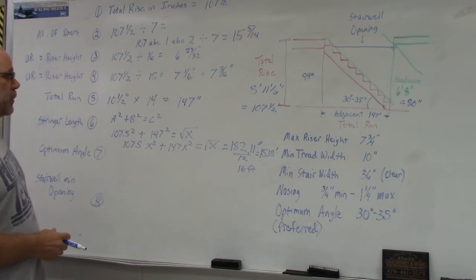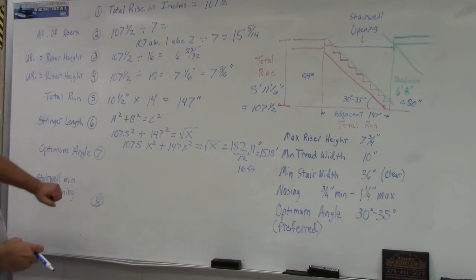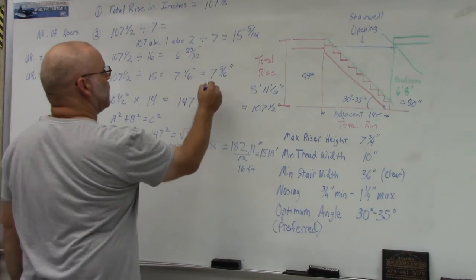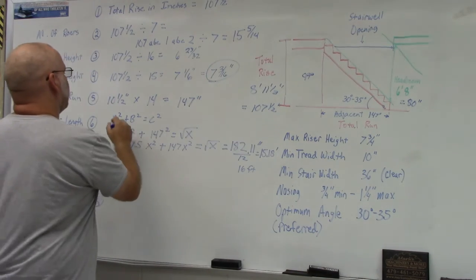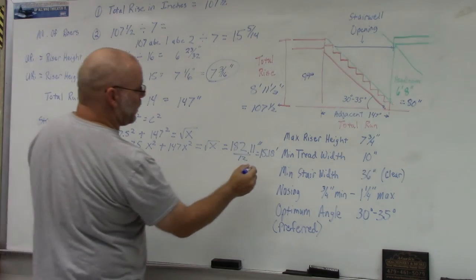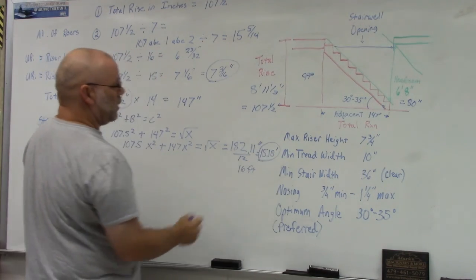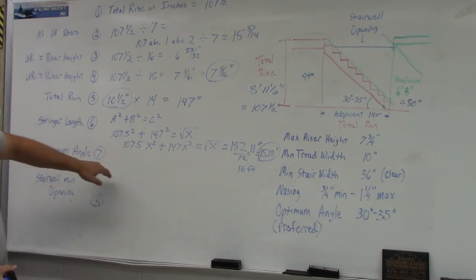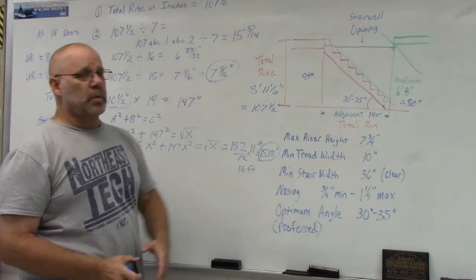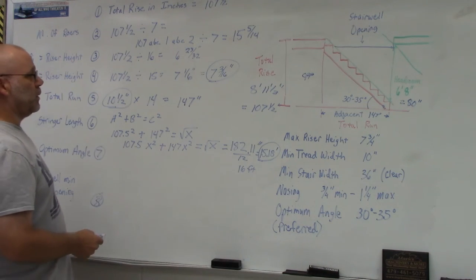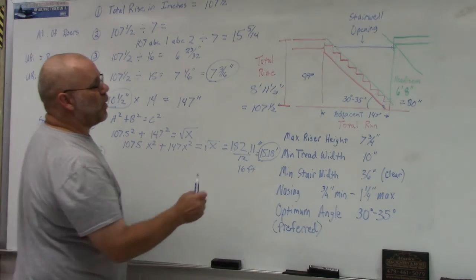All right. So we have our riser height, we have our tread width, we have our stringer length. Now we have to find, does our staircase fall in this comfortable zone between 30 and 35 degrees? All right, for this one, we're going to use the equation.